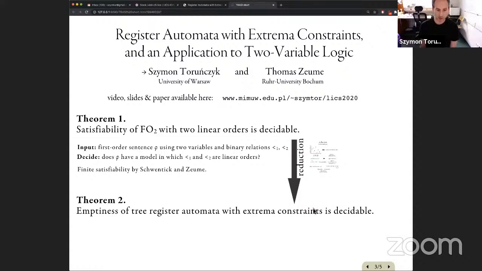Yeah. So, in the basic setup, those extrema constraints are represented symbolically. Intuitively, if a register is supposed to store the supremum of some values in the subtree, then you want to find a certain witness that this supremum is obtained.